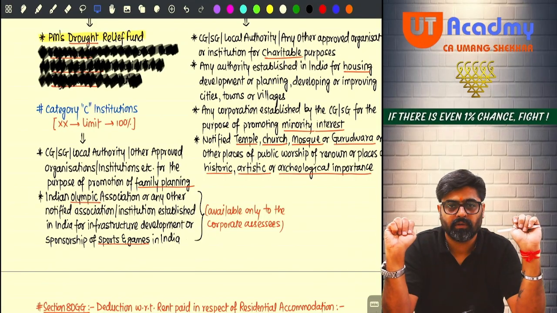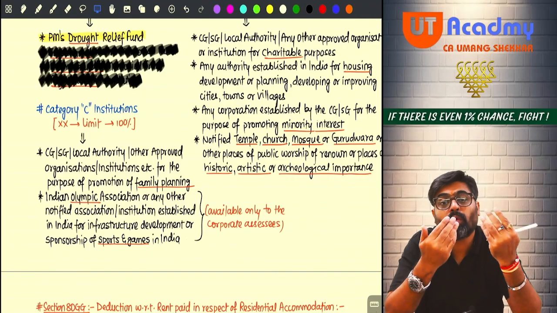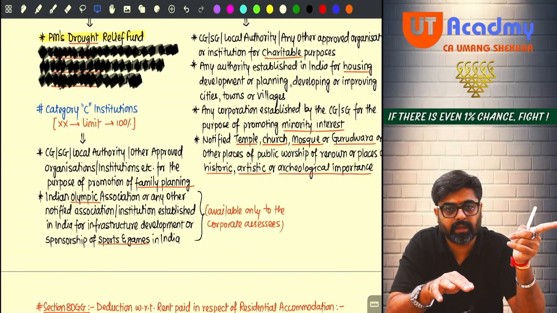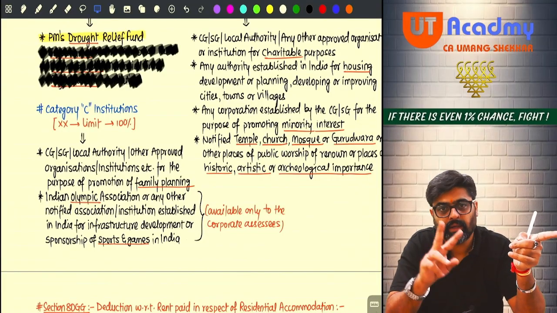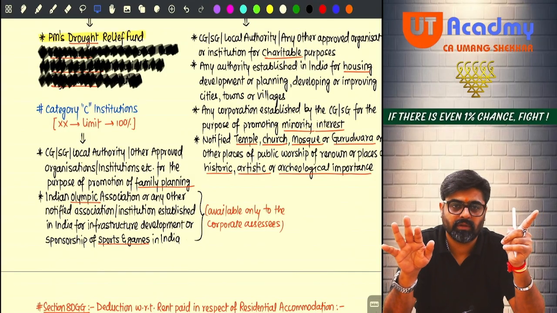That's it. If you come across donations for these four things, they will come under category D. And two things: family planning and Indian Olympic Association.